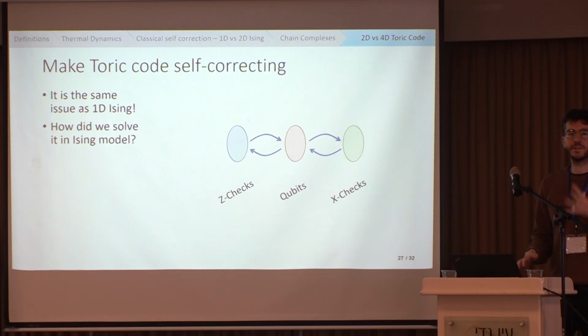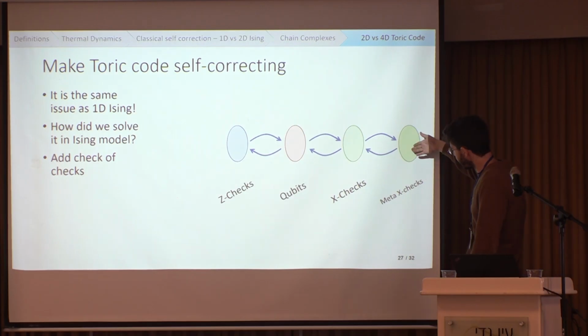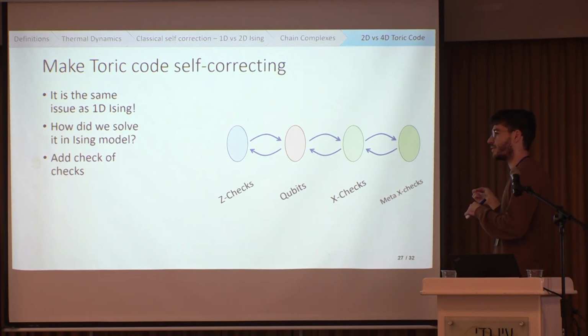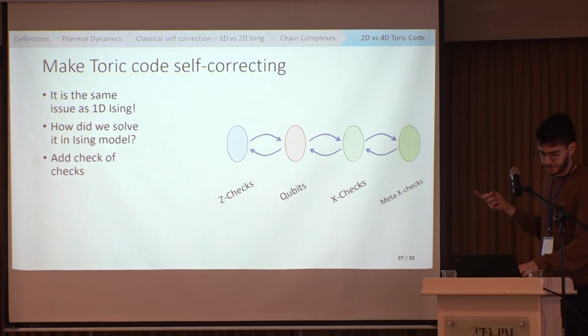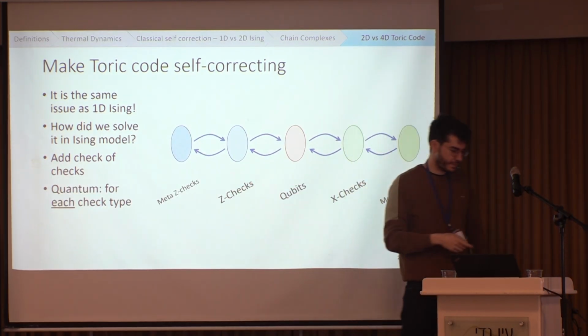We just need to add more vector spaces. We add here another space and we get the meta X checks like we had in the 2D Ising model. But here the problem is that we need to add a space for each type of checks. So we need to add another one for the Z checks.